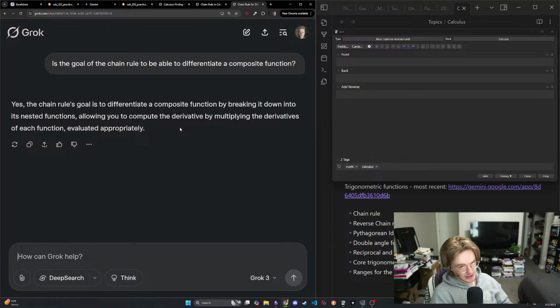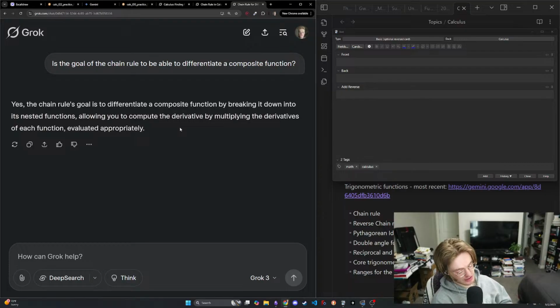When we apply the reverse chain rule, it's through our ability to recognize the form of the function as the same form as the result of a composite function that has undergone the chain rule. Okay, I feel good about that.